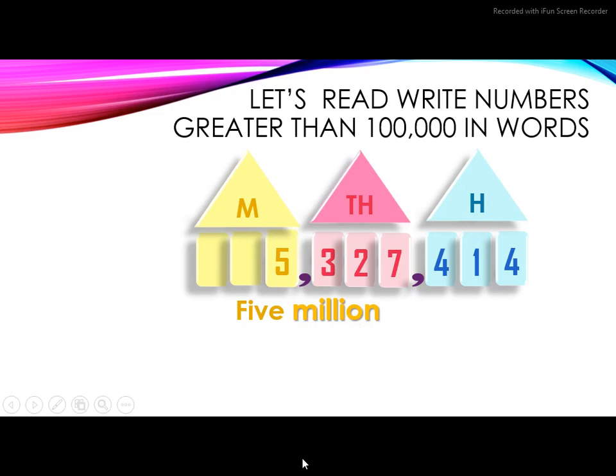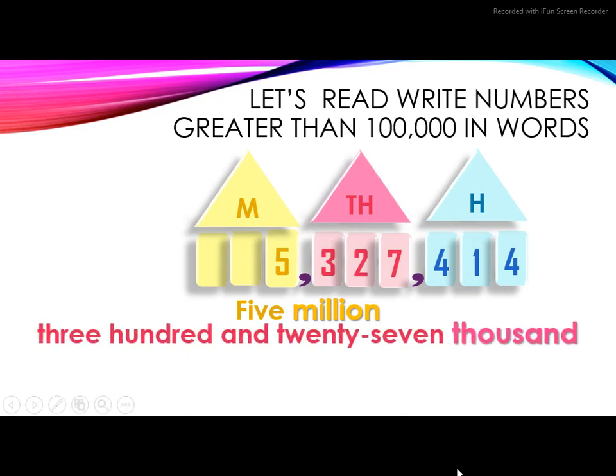Next, let's read the thousands period. 327,000. How do we write it in words? First, we spell 3. T-H-R-E-E. 3. Next, 100. H-U-N-D-R-E-D. 100.